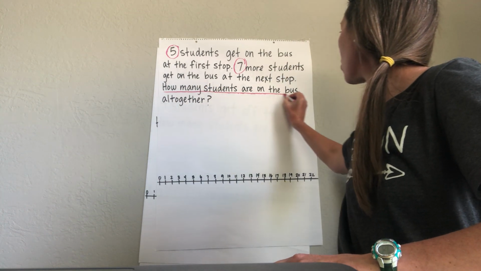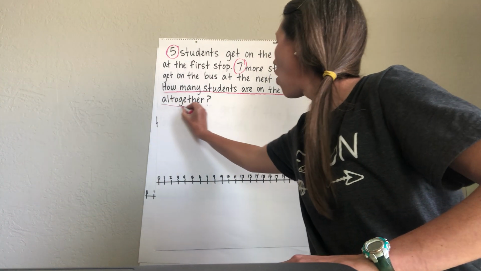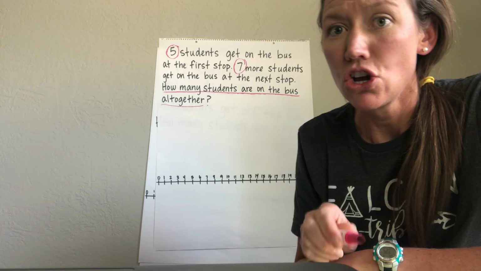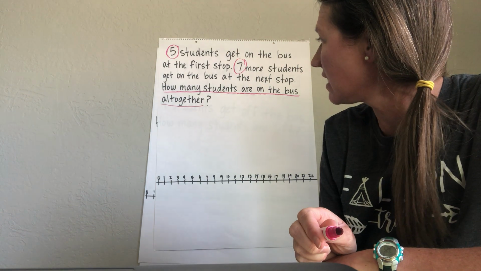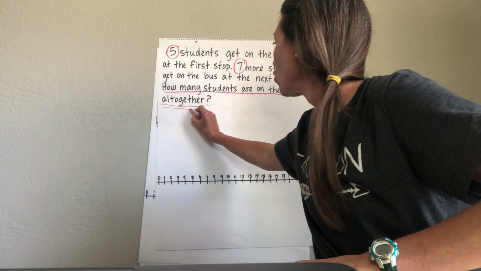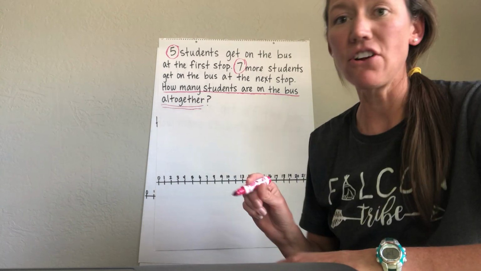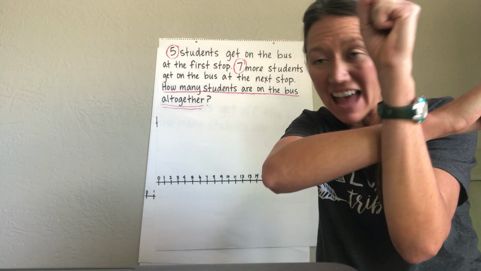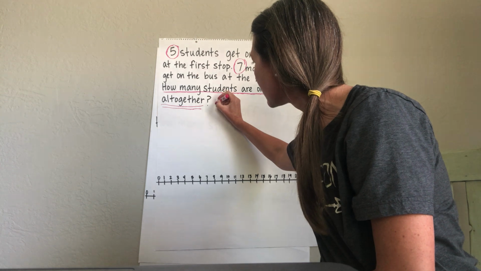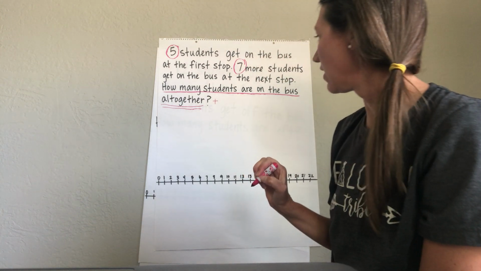How many students are on the bus all together? I'm going to look for clue words. So what is a clue word you see in this? Okay, all together. So when I see the word all together, it means I'm going to add. Everyone say that with me. Add, all together. So I'm just going to put a little plus sign right here, just so I know.